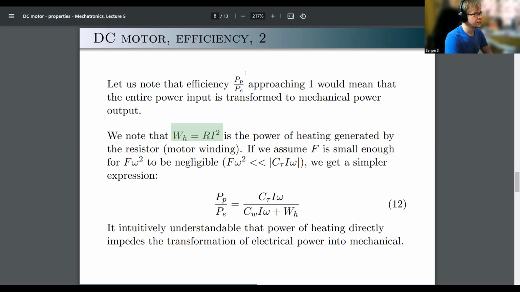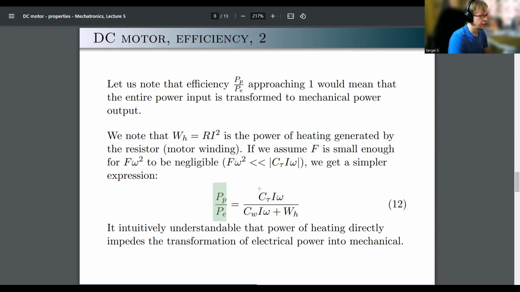Now let us assume that F, this friction coefficient, is very small. So this is negligible. By negligible, I mean it is negligible compared to this term here, which is torque produced by the motor times omega. If it is negligible, the expression becomes like this. And that is quite interesting.